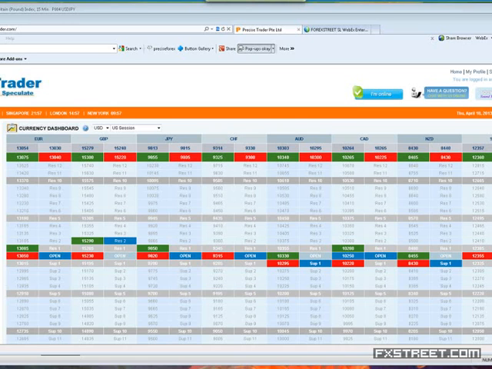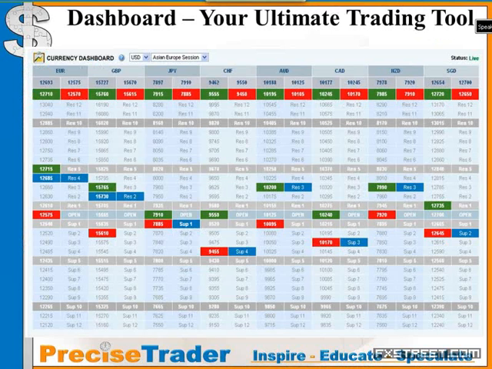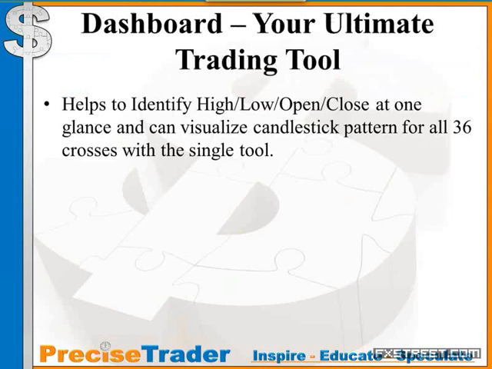Okay, let me go back to the slide. I think I've shown you the live. It also helps me to identify the high, low, open and close at one glance and visualize the candlestick pattern for all the 36 crosses with a single tool. So when I look at the dashboard, I can literally feel the candlesticks.